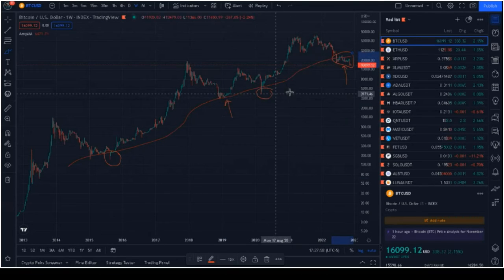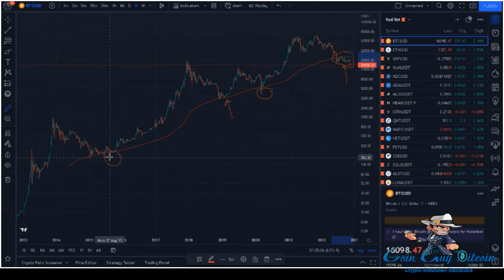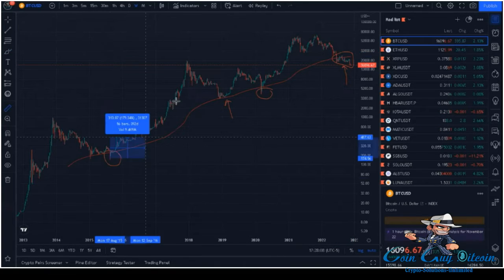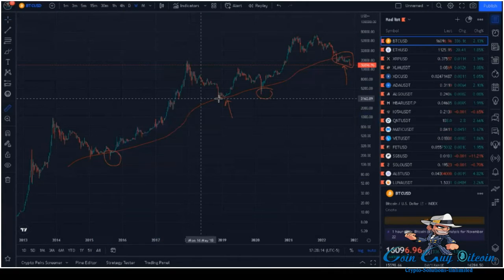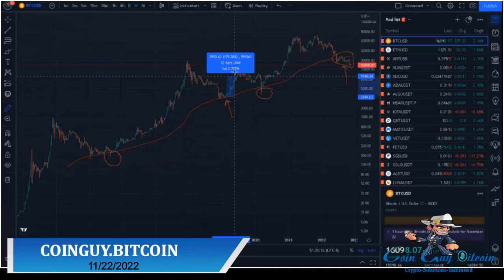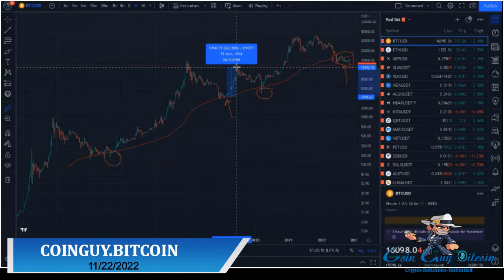Every other one of these times has signaled the bottom of the market. And after you've hit this bottom, the next thing you did was a run up of 11,000%. After you've hit this bottom, we have a small run up, 320%.